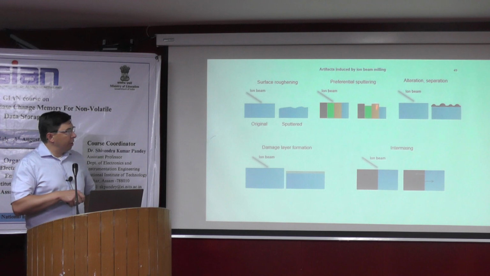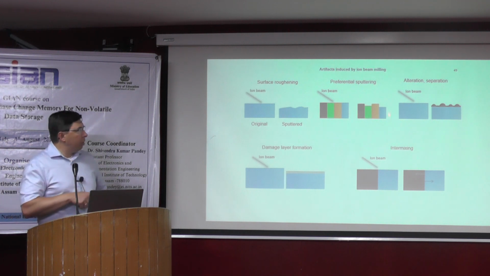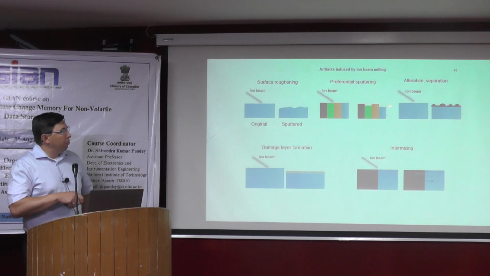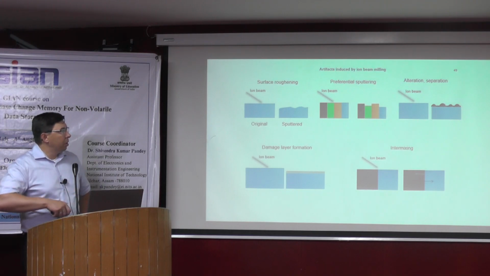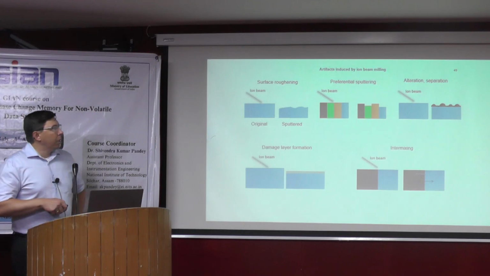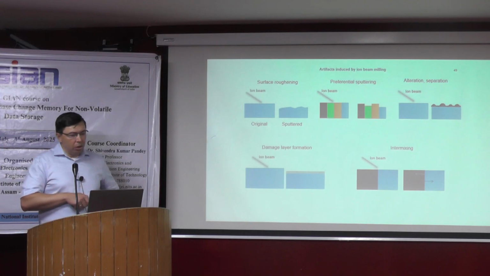Different materials have different mechanical properties, toughness, hardness, and some softer materials will be sputtered away much faster than the harder materials. So you should be aware of this problem. Then of course you can have alteration and phase separation on the surface.